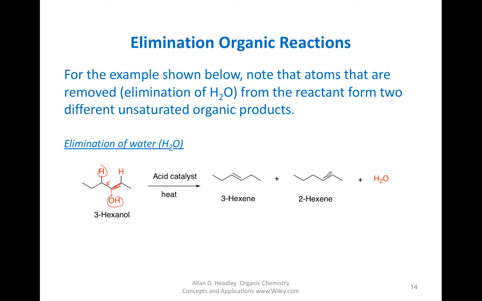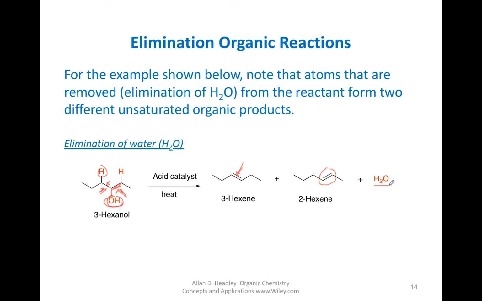So we can form an alkene here which is this, and we can form an alkene here, which is the opposite. The bottom line is, elimination can occur on two sides of the OH to give water as the product.